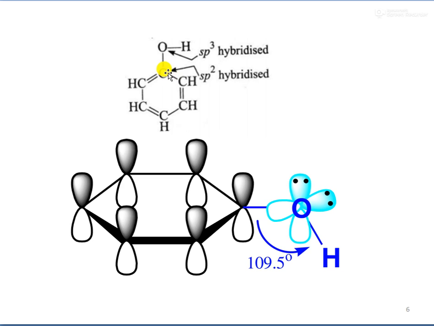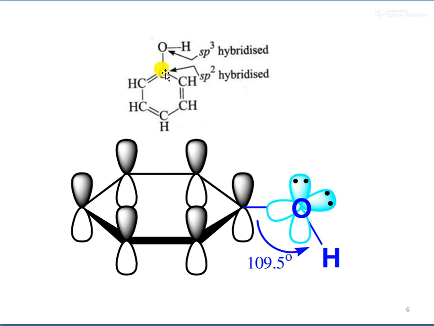Because of this sp2 hybridization, this region of the carbon bonded to all the other atoms will be planar. So sp2 hybridization will always give a trigonal planar nature, whereas sp3 hybridization will give a tetrahedral structure.